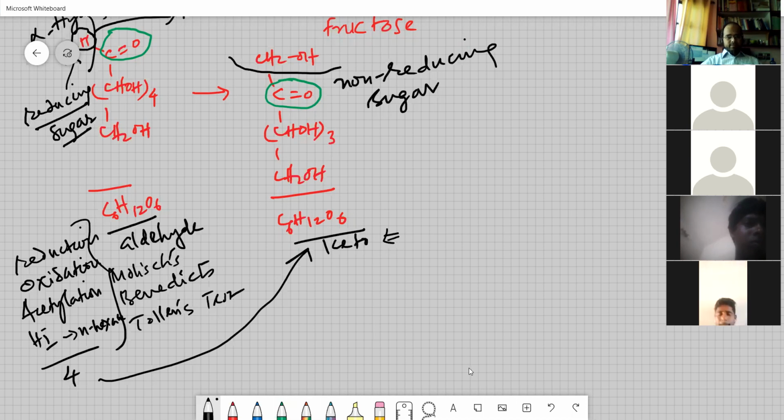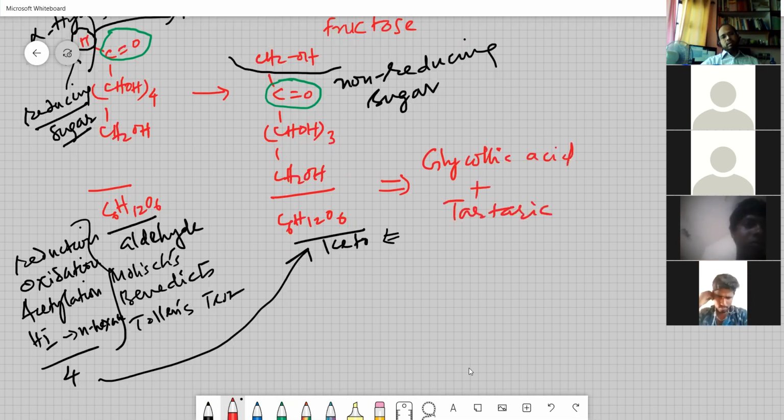What is it? This is able to give glycolic acid plus tartaric acid. Glycolic acid and tartaric acid, they have a formula of CH2OH, COOH.